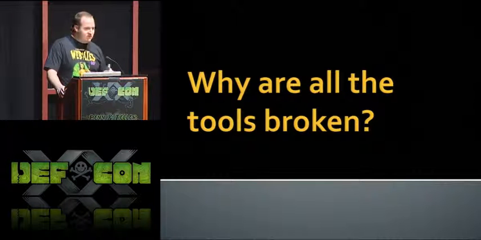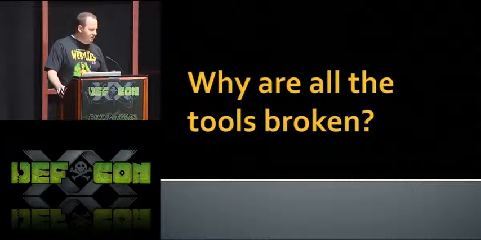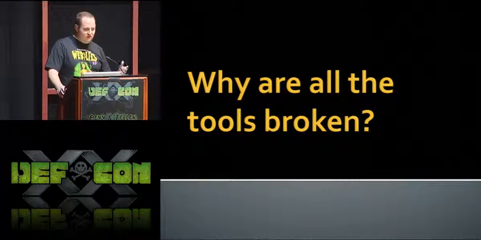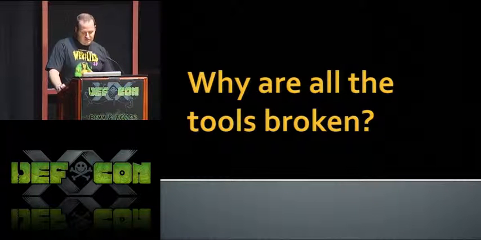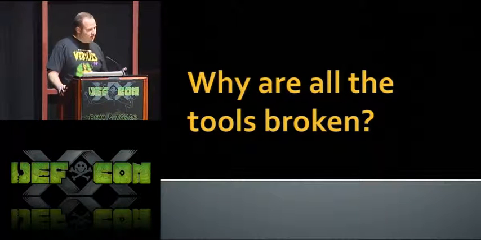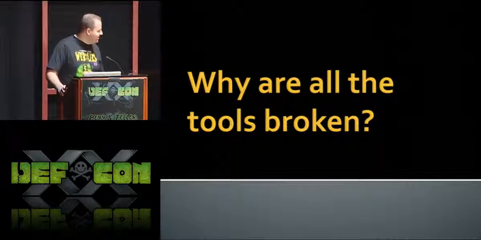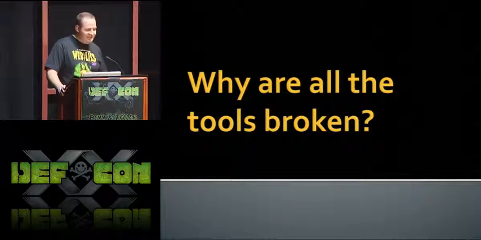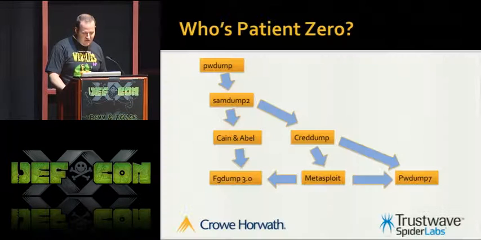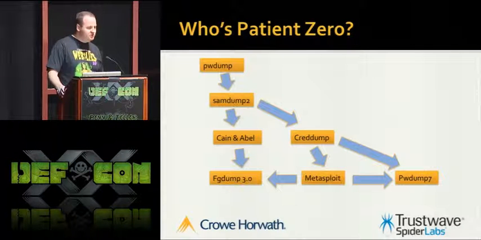Where did this decision-making process come from, this logic that allowed us to determine how we're going to parse our hashes? What we did is we looked at a number of change logs, blog posts, attributions, Twitter messages in some cases, to figure out how these tools were influenced by the tools that came before them. So we put together a relational diagram that shows how these tools were influenced.